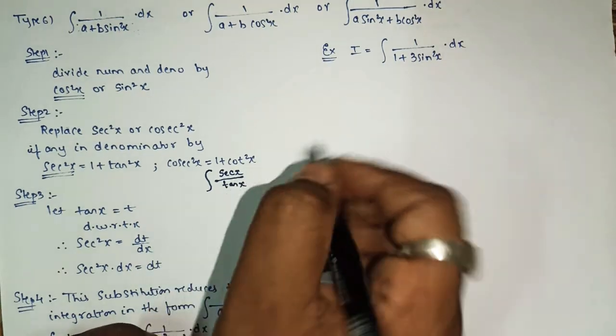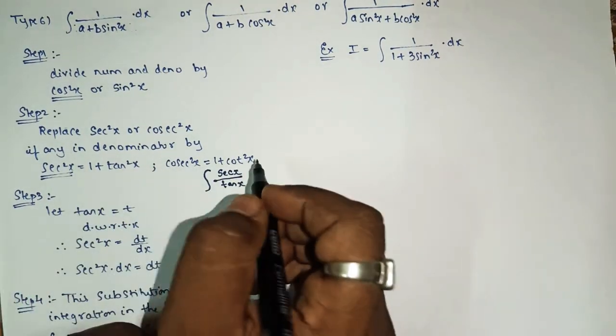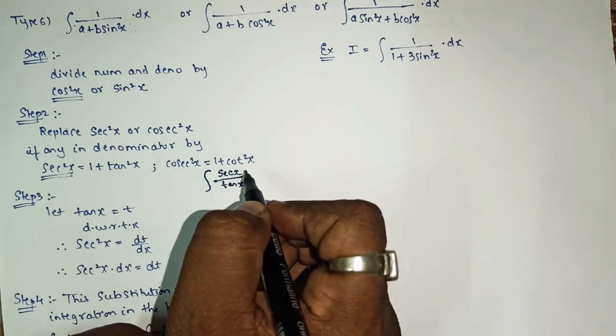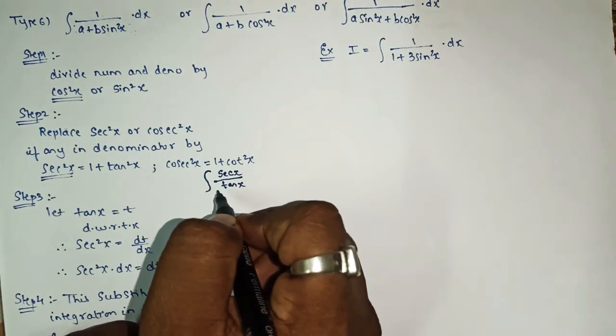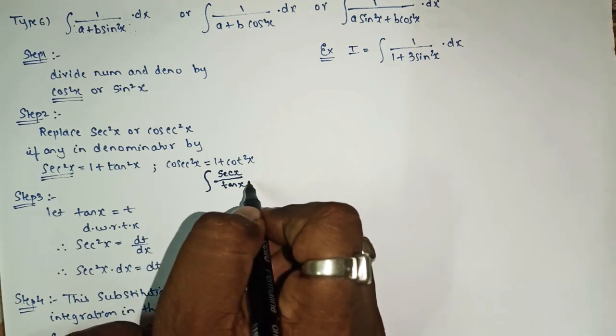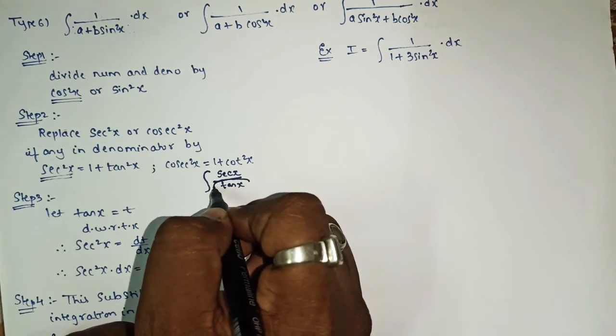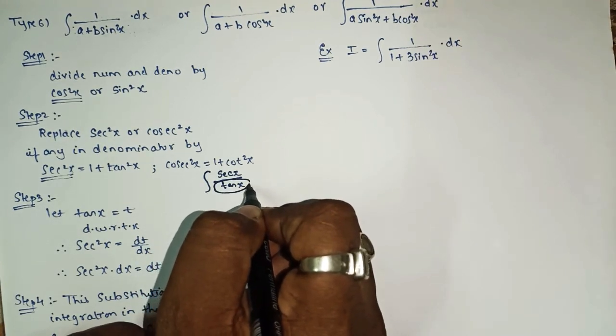Numerator should contain sec, and denominator always should contain tan only. If somewhere you see sec square in the denominator, you have to replace the sec square by tan.